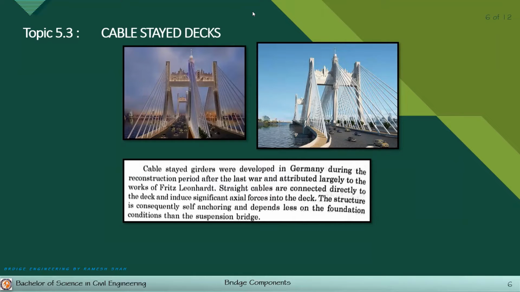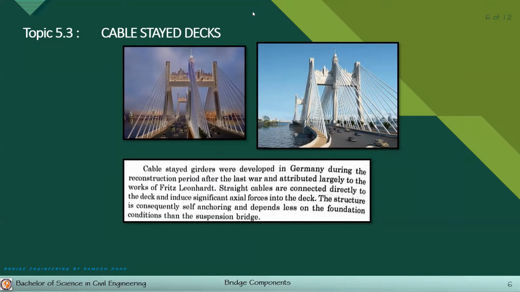So, a cable stayed bridge naman offers a design that is similar to a suspension bridge, na ating itatopic pa later. It will have towers that help to support the structure, just like ito nakikita natin, may towers, while the deck is held in place by cables.